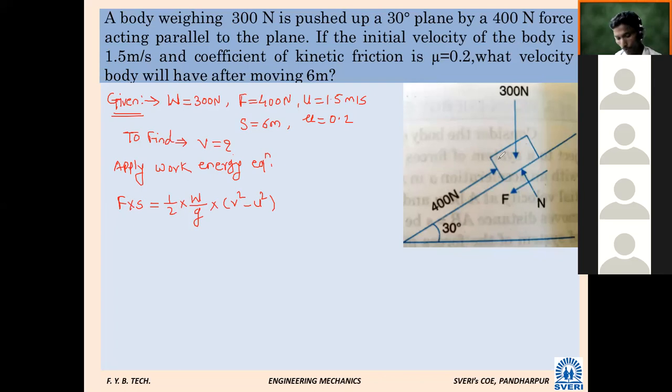So we cannot say frictional force here, we should say P.